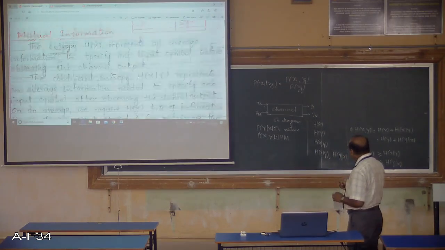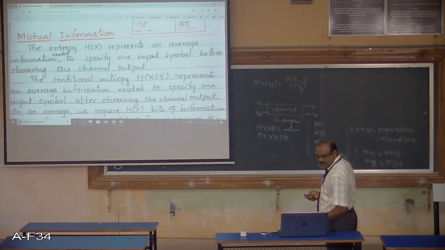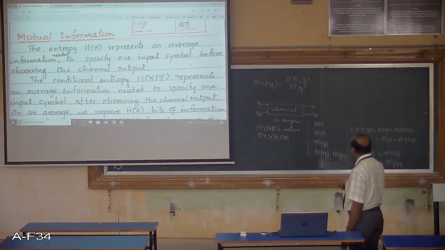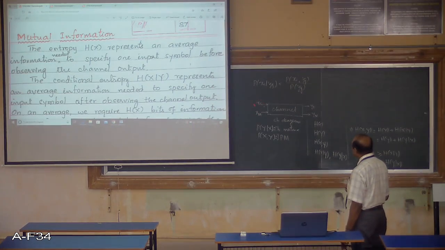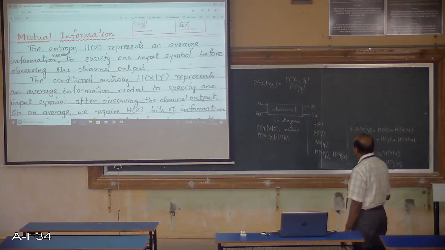So we are transmitting the information through this channel, and we are not at the output side, we are at the input side. For a channel, we know input symbol probabilities, and on an average how much information is needed to specify every input symbol is given by H(X).